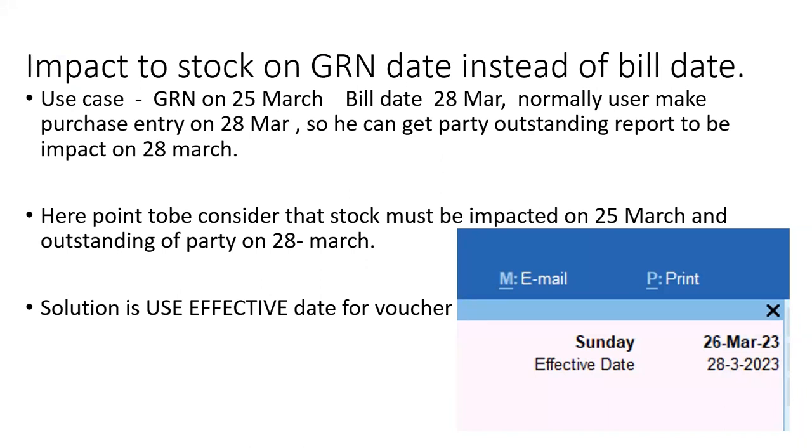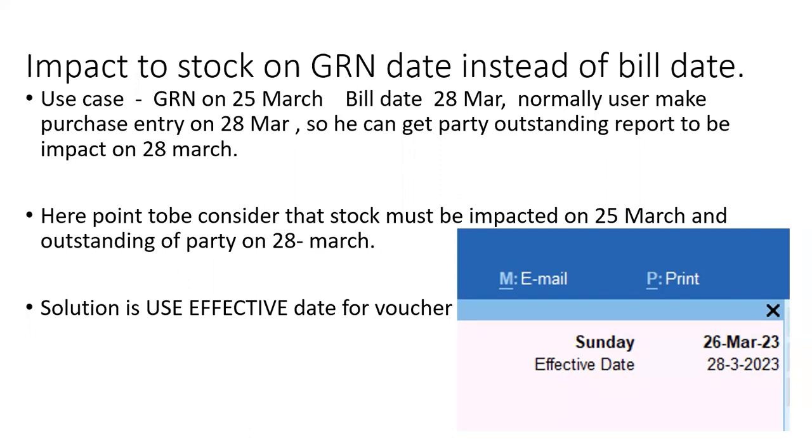Next one is, suppose one example, a GRN, goods receipt note, is done on 25th March. So my stock is inwarded on 25th March, and it may be possible that on 26th March it is consumed.